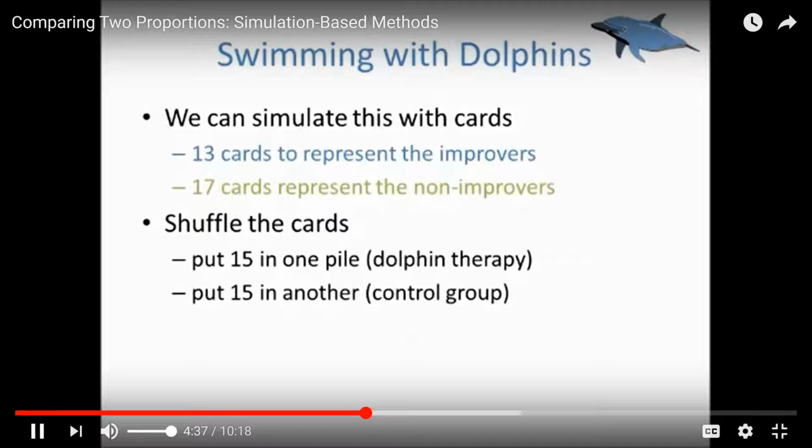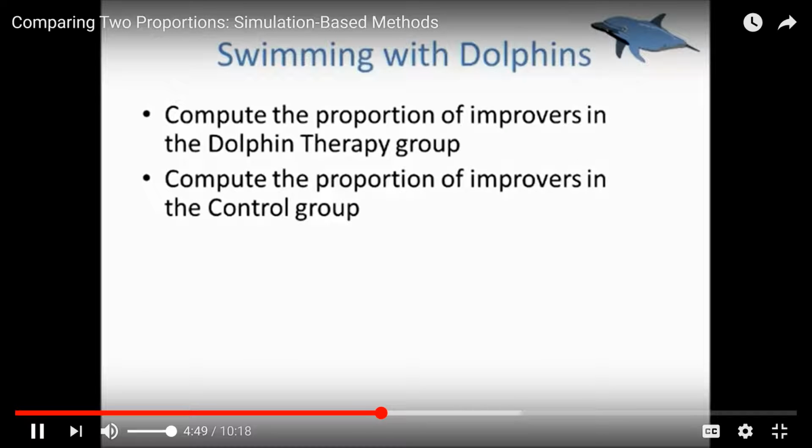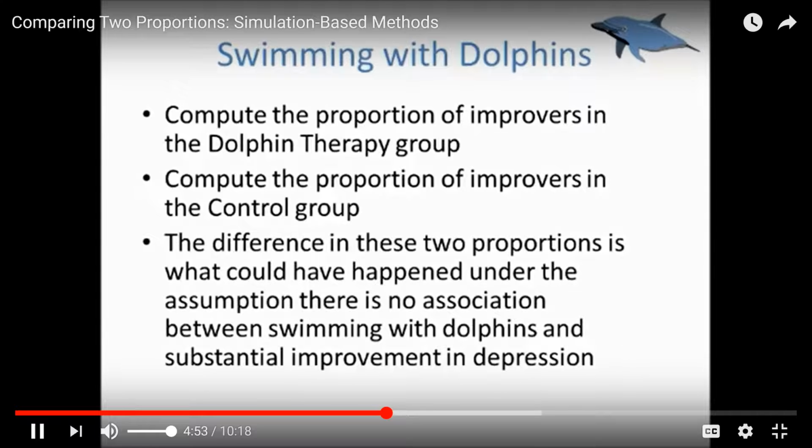This way, an improver is equally likely to be assigned to the dolphin therapy as to the control group. We will then compute the proportion of improvers in the dolphin therapy group and compute the proportion of improvers in the control group. Finally, the difference in these two proportions is what could have happened under the assumption of no association between swimming with dolphins and substantial improvement in depression.